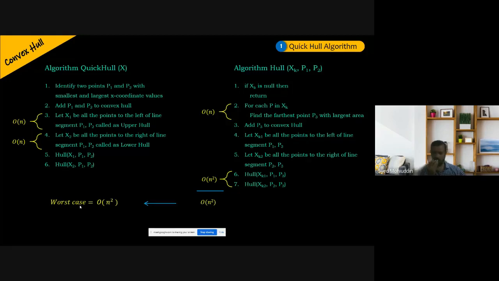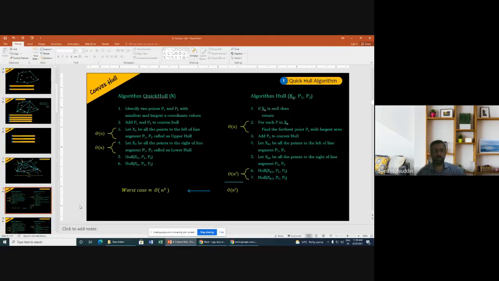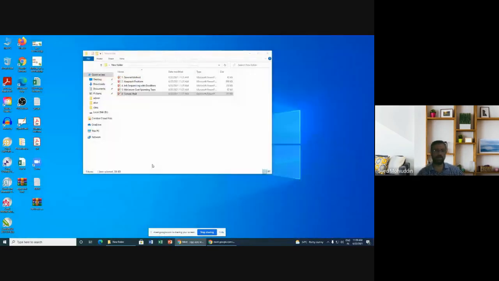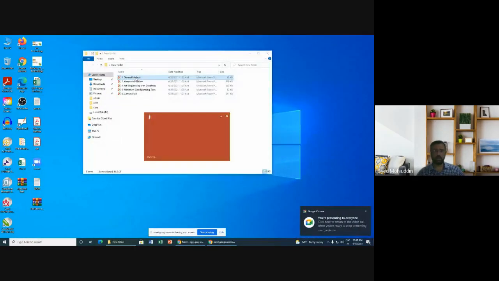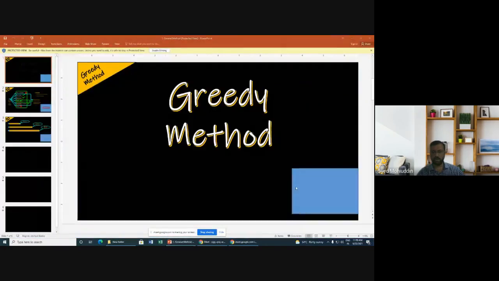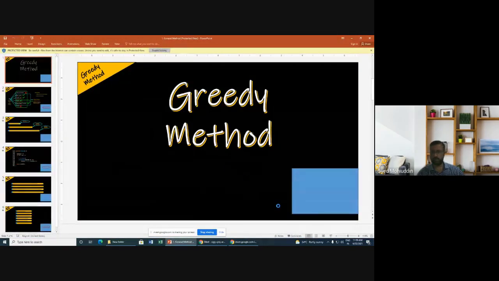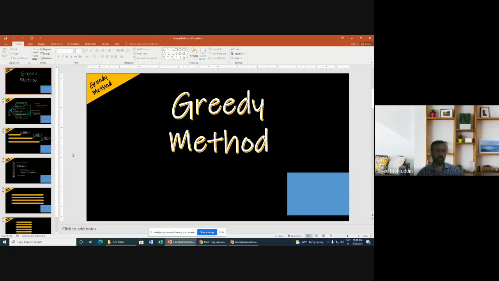But for the sake of understanding and knowing how problems are solved, we have covered these two topics. So that's what you have in the divide and conquer strategy for solving problems in design and analysis of algorithms.